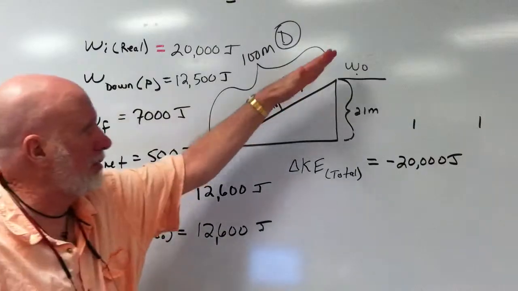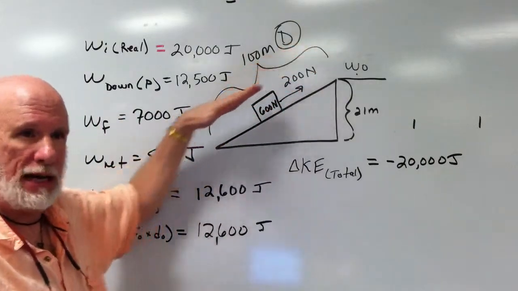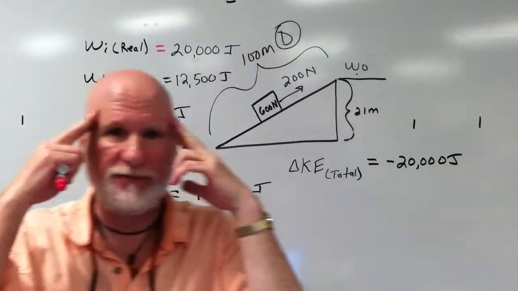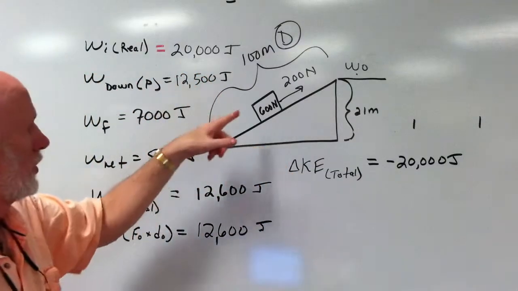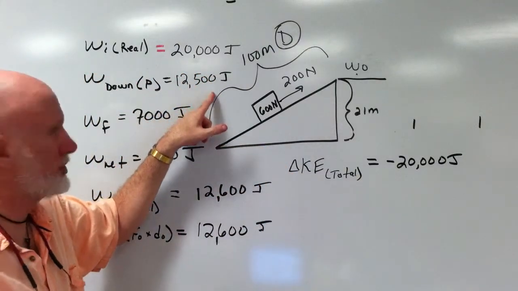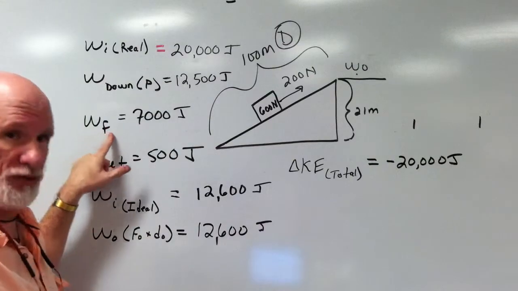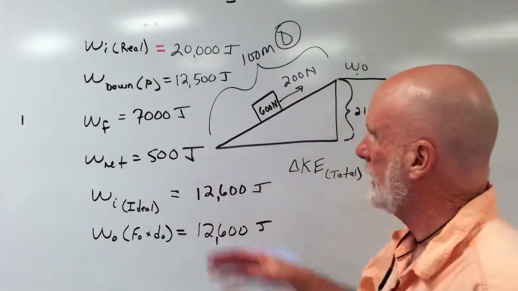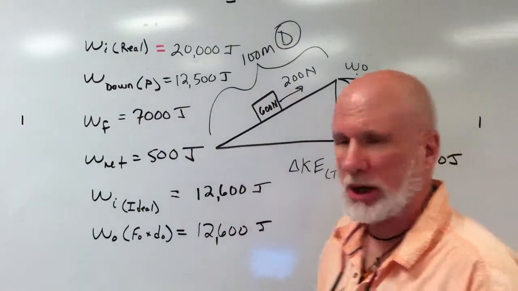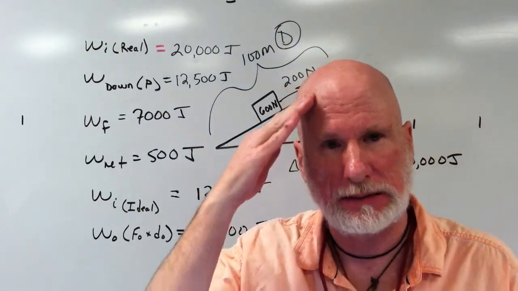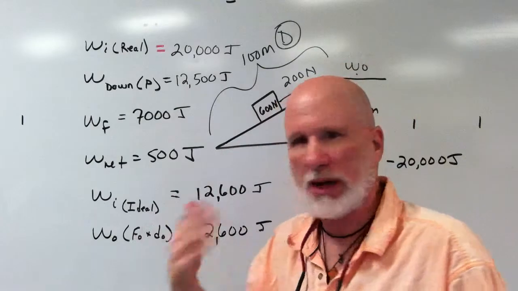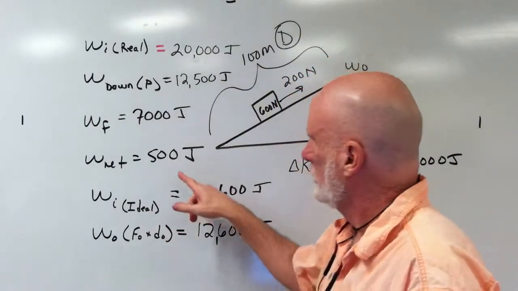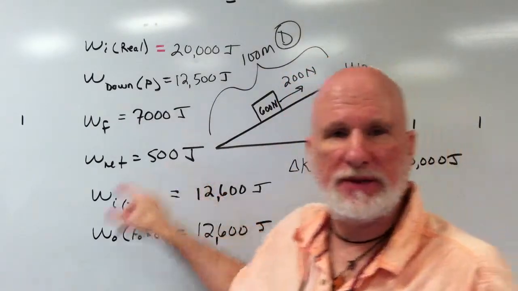The work done will be F_P times 100, or 12,500 joules. The work due to friction will be 7,000 joules. We've done that. That's very rounded, okay? You're going to want to work to tenths place in the future so that we don't have as much round-off error. The net is going to be 500 joules.